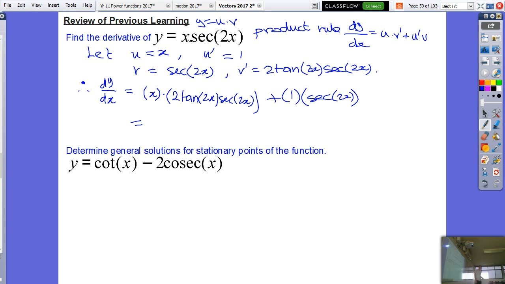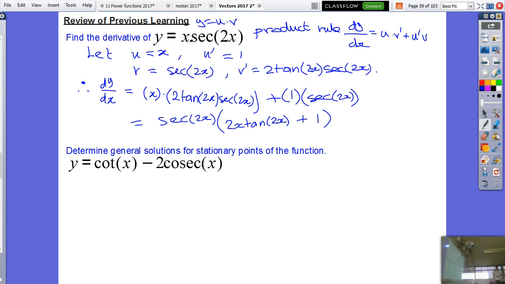Is there a way we could factorize? Sec 2x is a common factor. So you can look for common factors. Okay, in this case, the sec function is that common factor, and then we've got 2x tan 2x plus 1. Okay? And there we have it. Does that make sense?